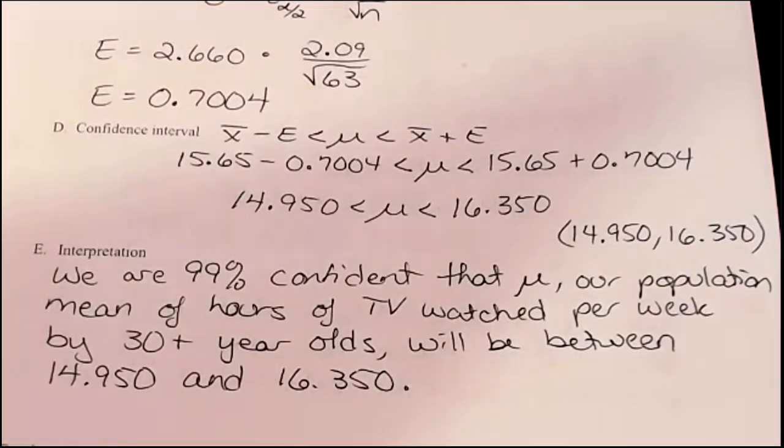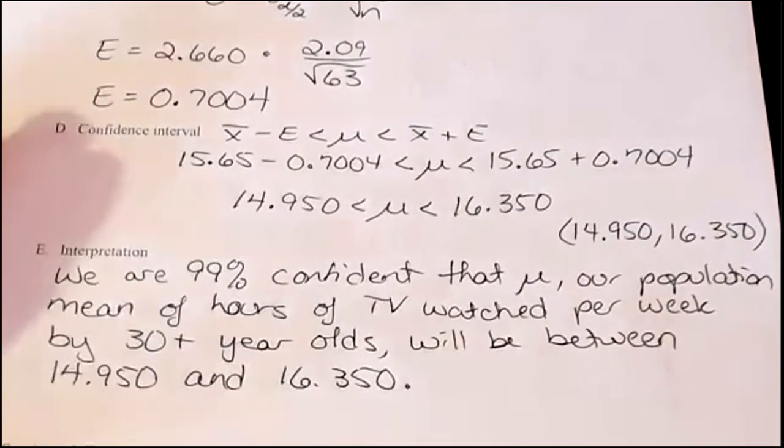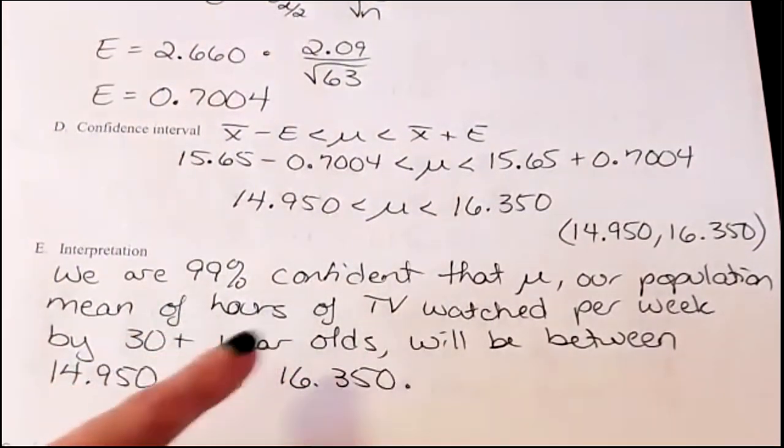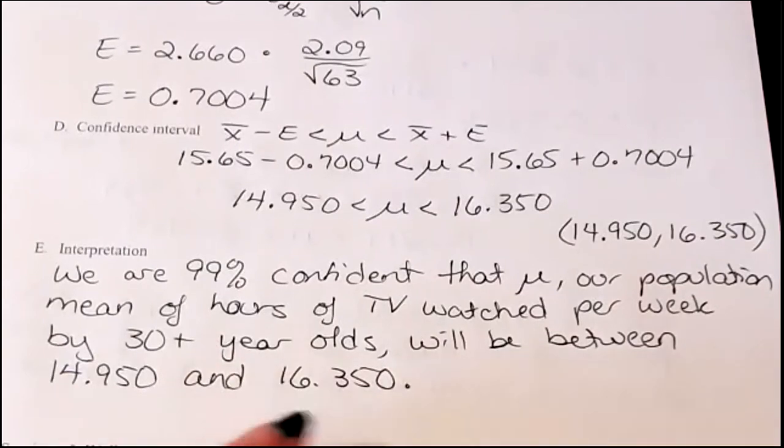Oh no, I'm talking about this one. Oh, I see what you're saying. If you didn't put the hours in here, just make sure you write it at the end. So we'll be between 14.950 and 16.35 hours. That would be fine. I'm talking about saying TV watched per week. Would it be a problem if I didn't add that?